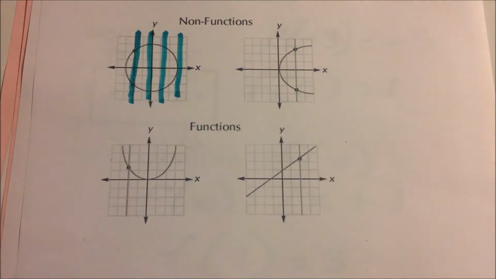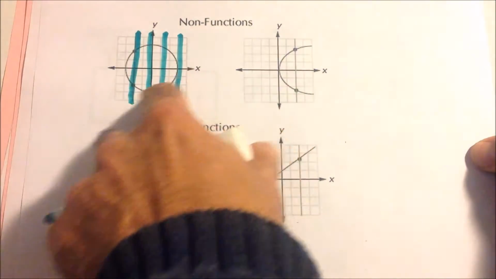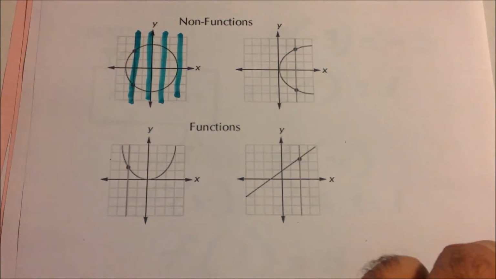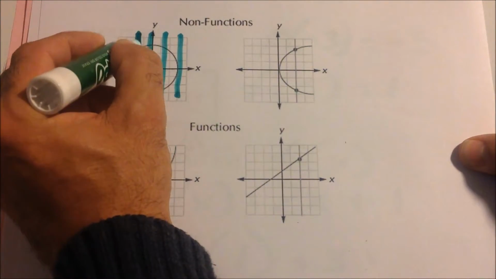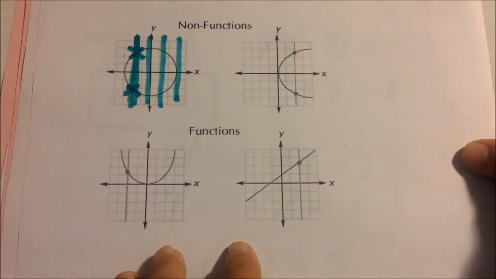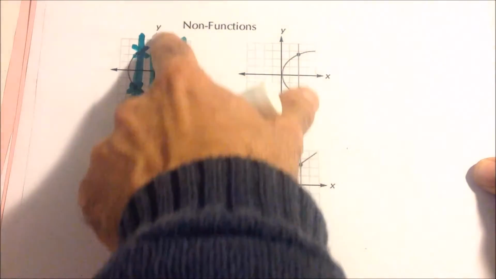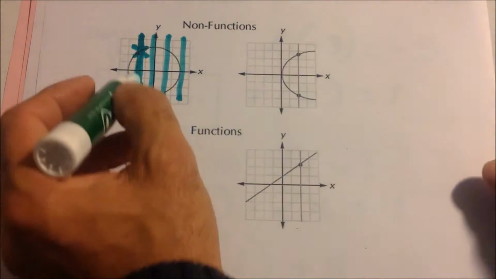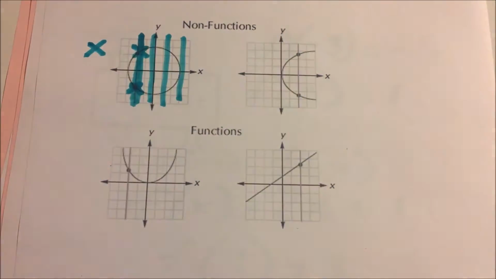And if your line goes through whatever you drew, in this case the circle, once, then it passes the vertical line test. As you can see, when we drew this line, it went through the circle once, then twice. Do not include the axes, the x and the y axis. So it went through the circle twice. So that's not a function.